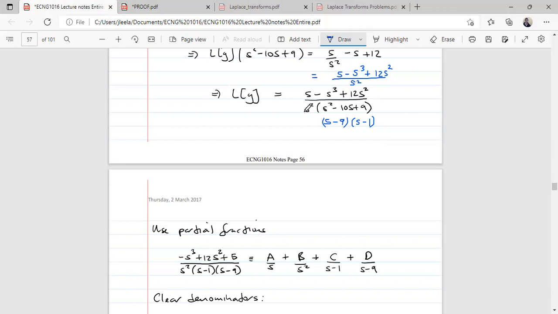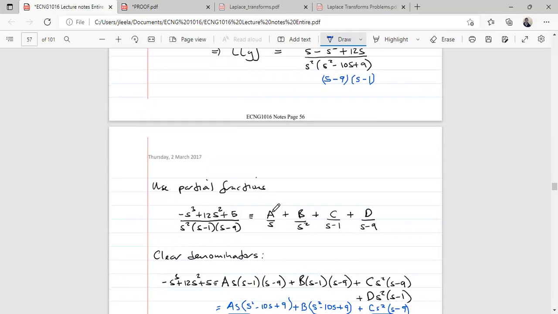So according to the partial fraction breakdown, when you have a repeated simple factor, you take a constant divided by s, and then another constant divided by the factor to the power 2. Right? So look here: A over s plus b over s squared. And then the other two factors, c over s minus 1 plus d over s minus 9.